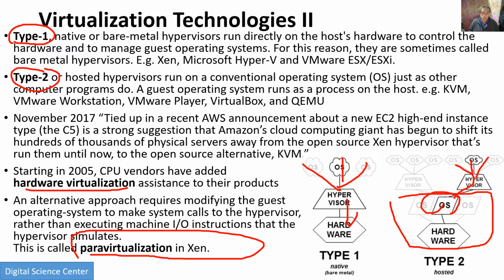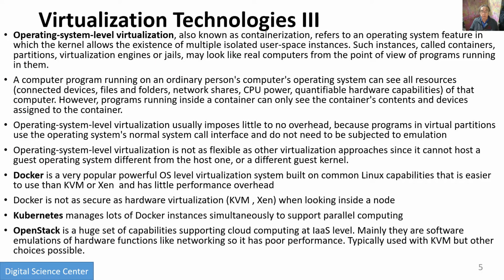All this virtualization started long before 2005, because IBM found it pretty useful for their early mainframes, and they actually pioneered this. Here's a nifty remark from November 2017, which says that effectively Amazon is shifting some or all of their technology from Xen up here, type 1, to KVM down here, type 2. Again, it was a slightly secret announcement.